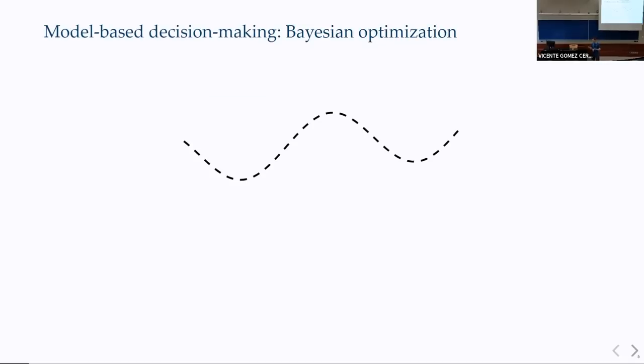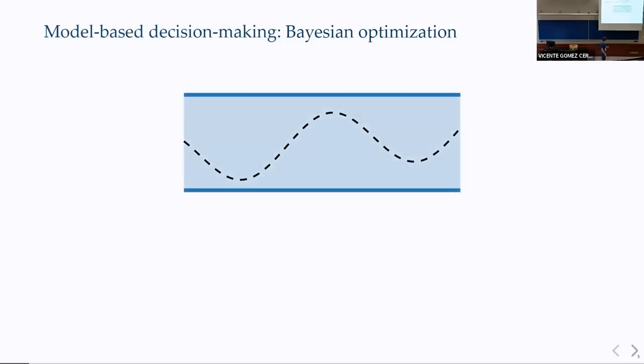The natural way that we could do this, and how we would classically do this, is with some kind of gradient descent, algorithms like this. Optimization theory is a whole field of machine learning, and even more broadly. But what we're going to do here is a very particular kind of optimization, where the idea is to build a model for the unknown function, and then to use the model in order to make decisions.